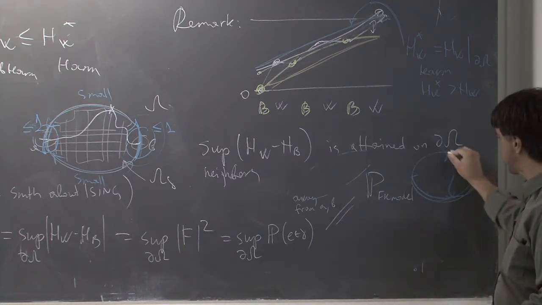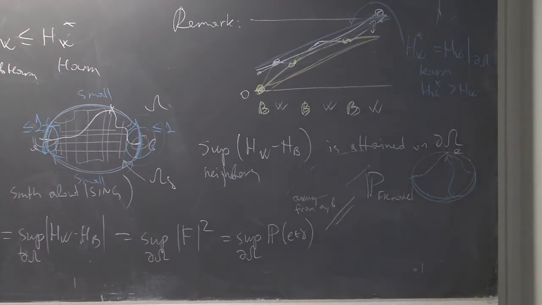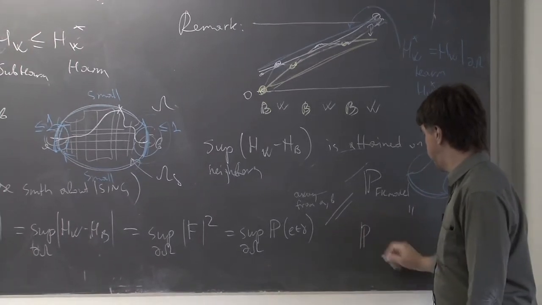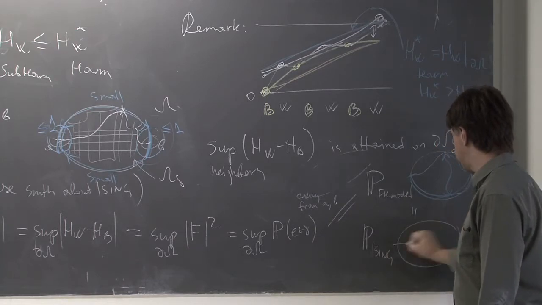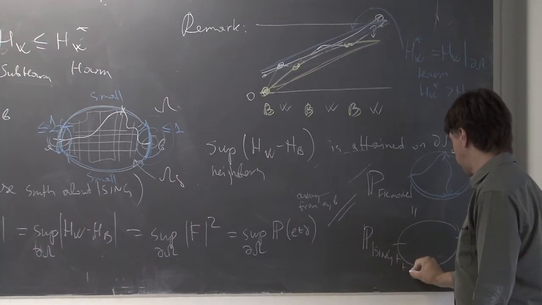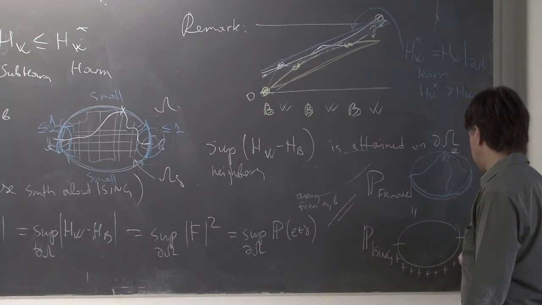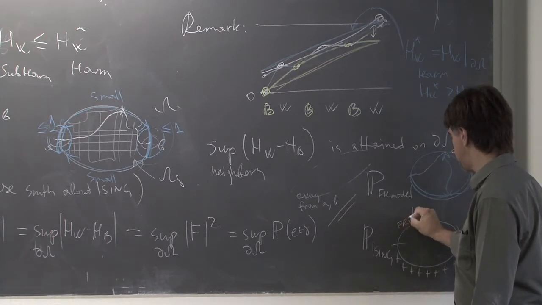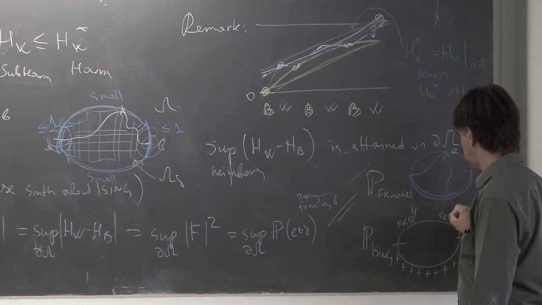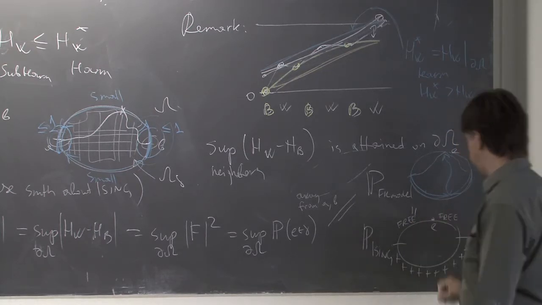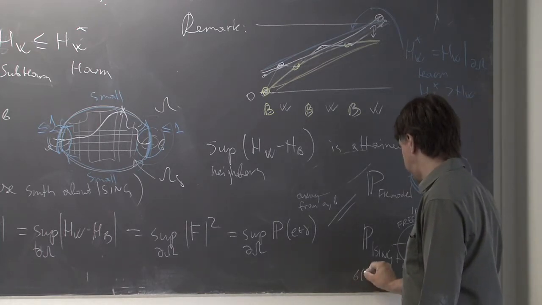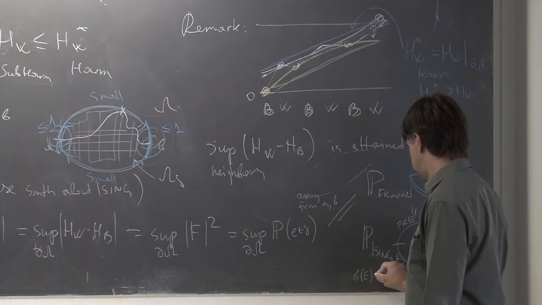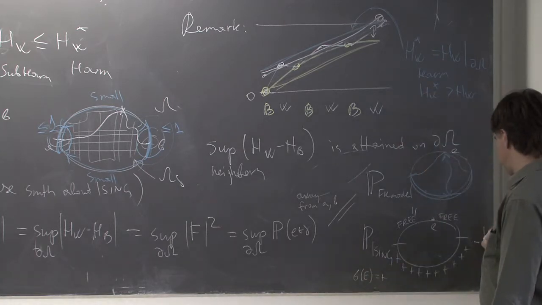For our interface to pass through this point, we need the cluster to go all the way up. Which is the probability in the Ising model, where I have plus boundary conditions on the bottom and free elsewhere, that the spin of E is equal to plus or minus 1/2.